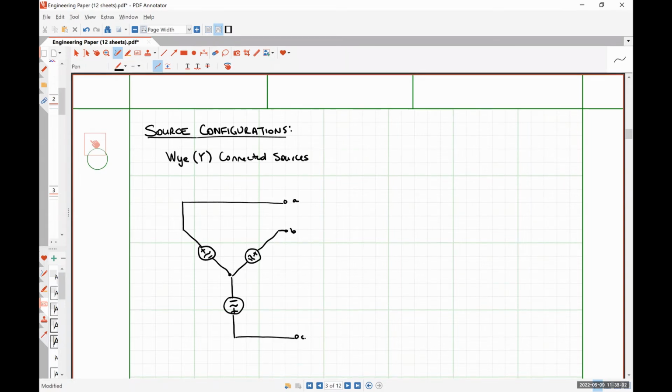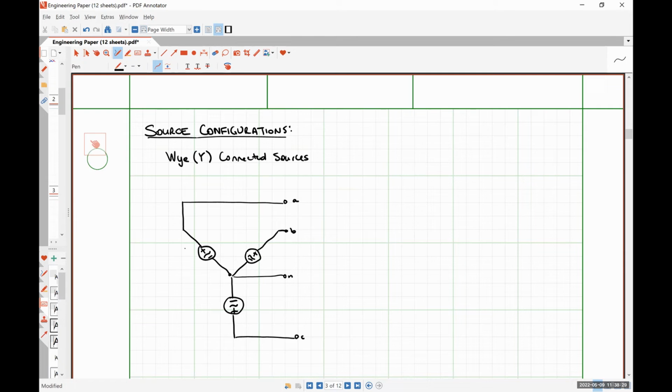This is the way I don't care for. It literally looks like the letter Y, which is obviously why we call it a Y connected source. All of our phase voltages are measured between their terminal and this neutral conductor.